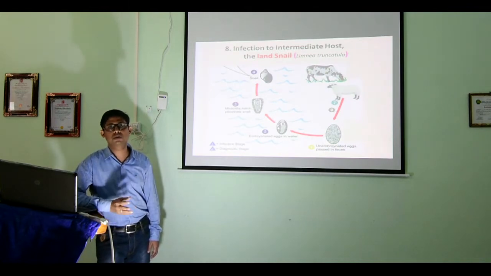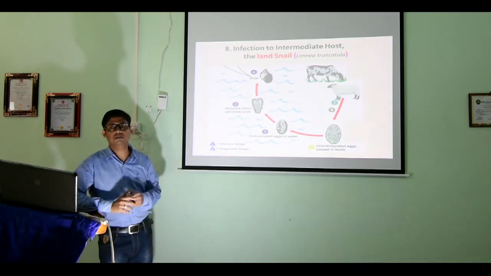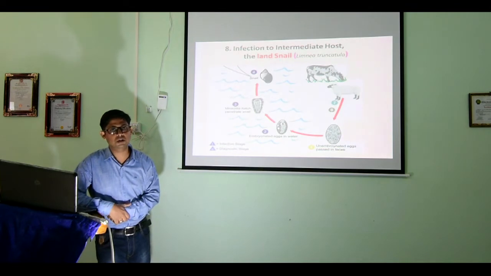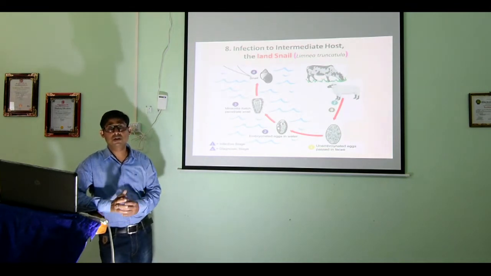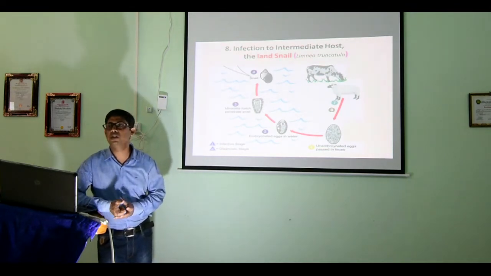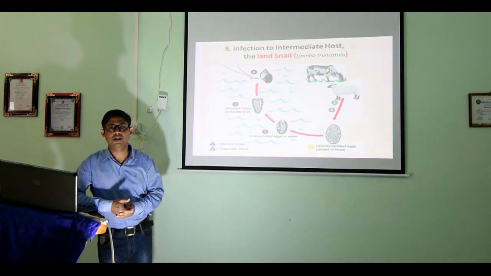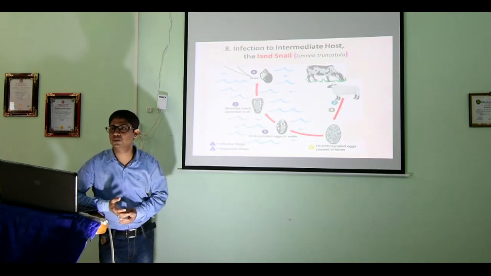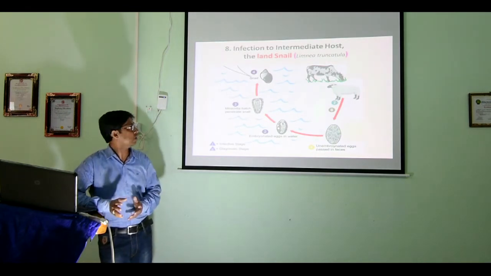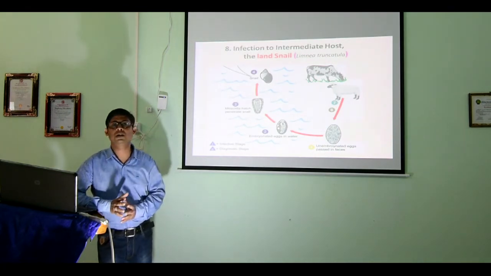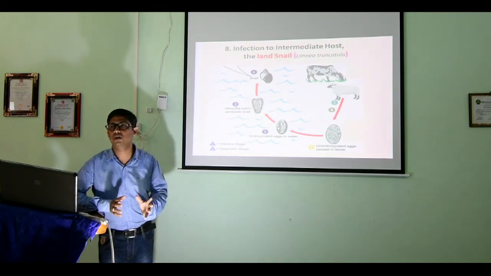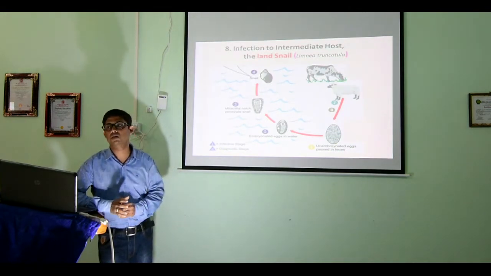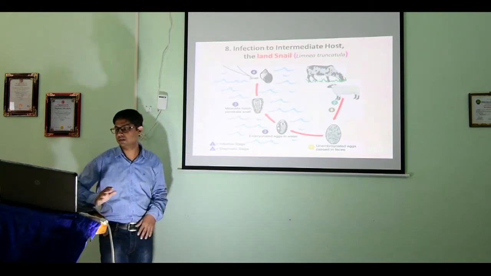It just swims to search the land snail, that is the intermediate host, because it requires to reach the intermediate host within 8 hours. If it does not get any intermediate host within 8 hours, it dies out. So it is its necessity to find an intermediate host within 8 hours, otherwise it will perish.